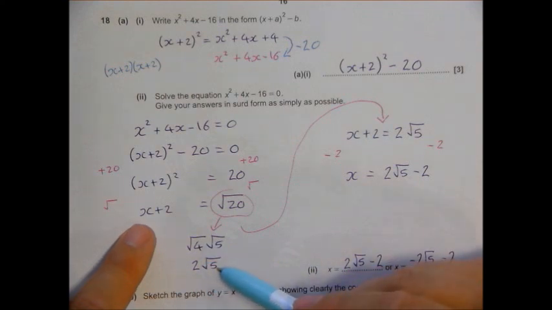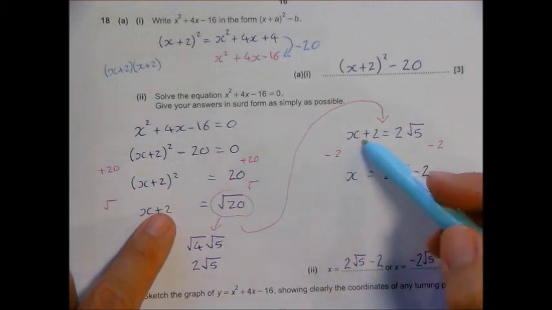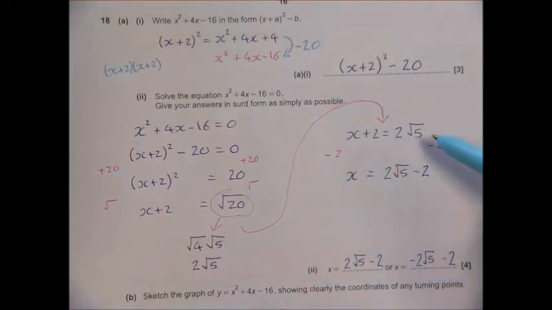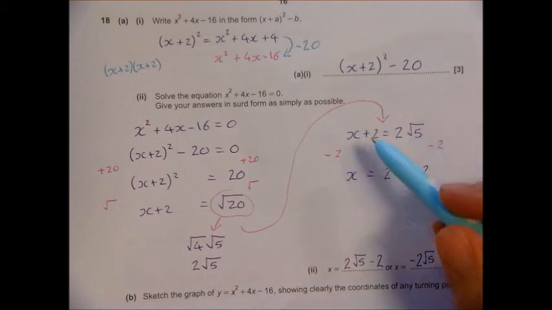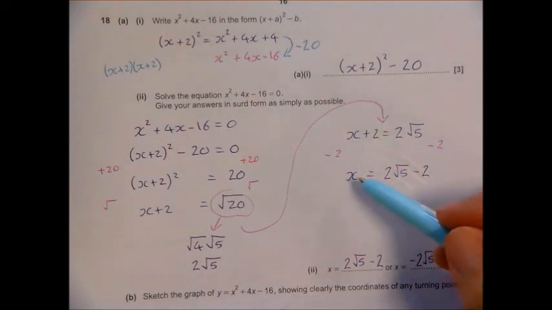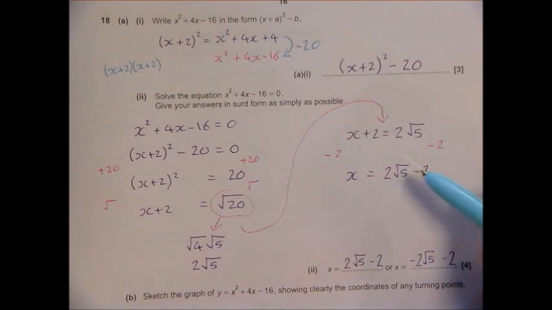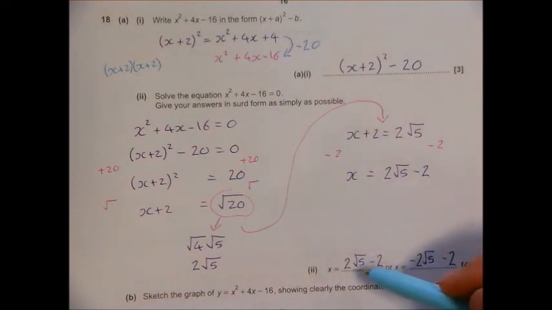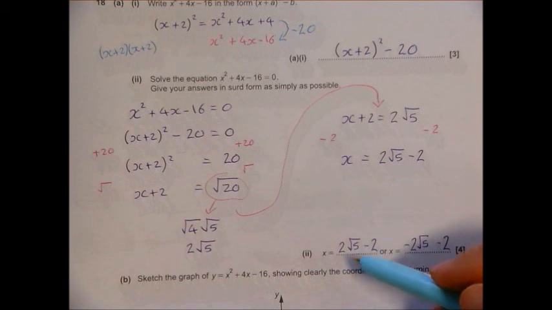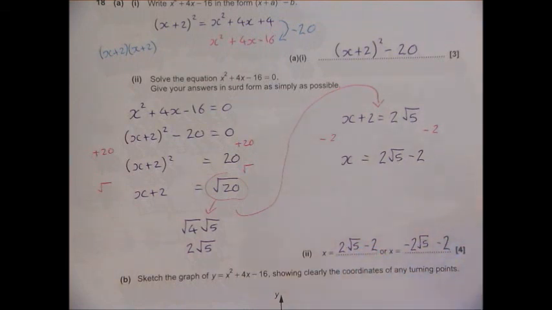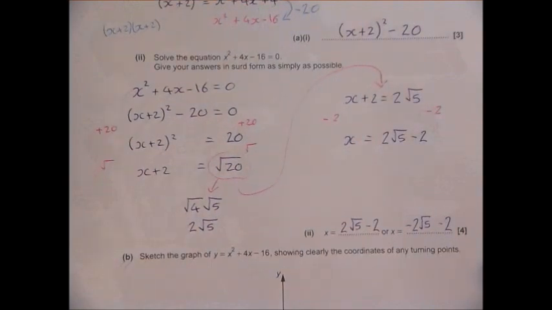So I carry on up here, x plus 2 equals 2 root 5, and then I've subtracted 2 from both sides because I want to get x on its own. So x is 2 root 5 minus 2, but don't forget when you square root something there can always be a negative answer, so it's positive 2 root 5 minus 2, or it's negative 2 root 5 minus 2.